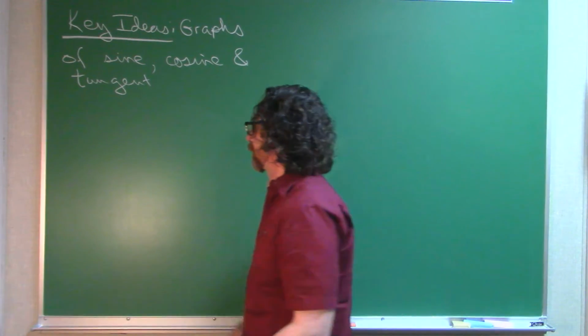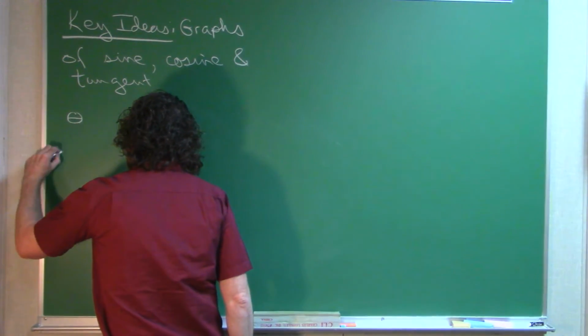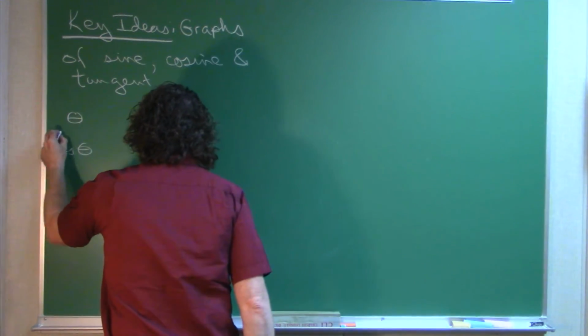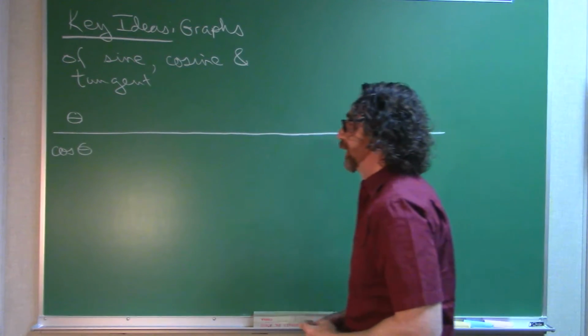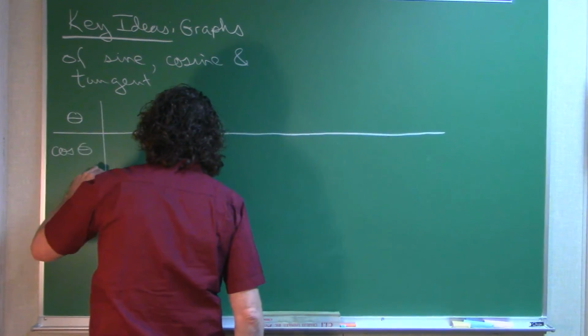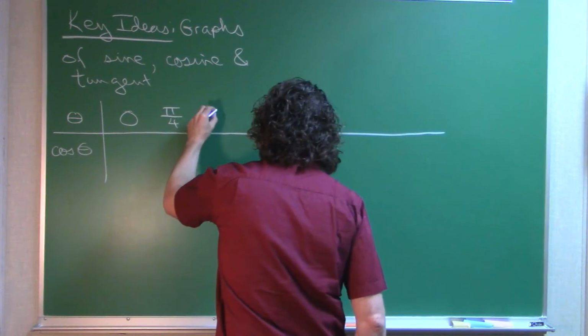So let's start out with something like this. I'm going to look at the value of cosine theta for various angles theta. We're going to go in increments of pi over 4.